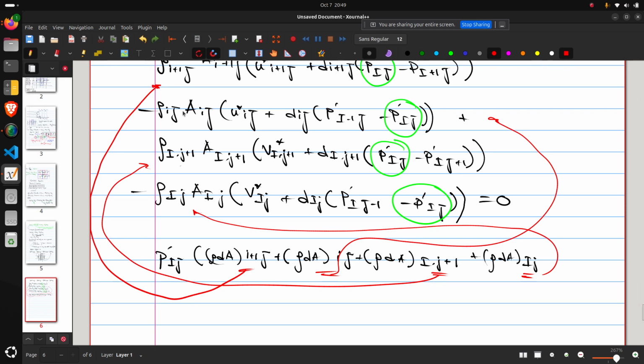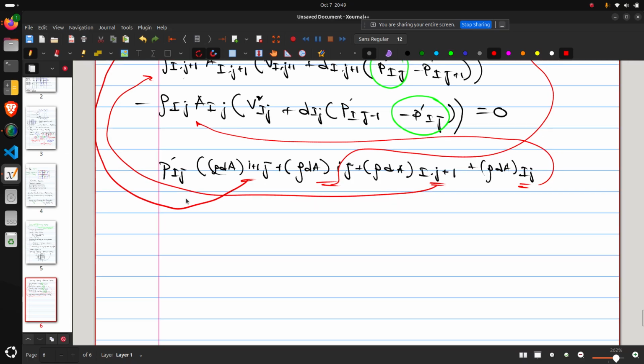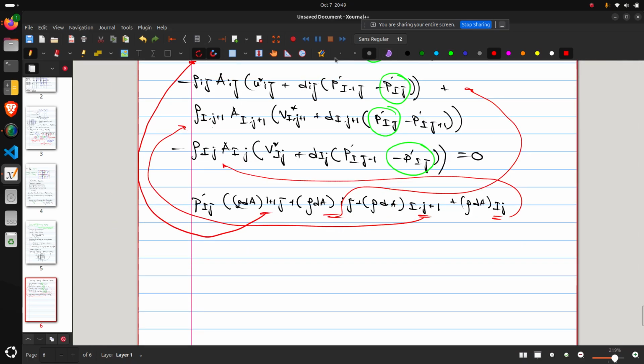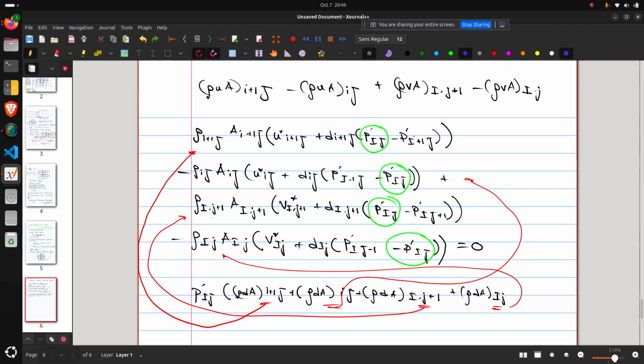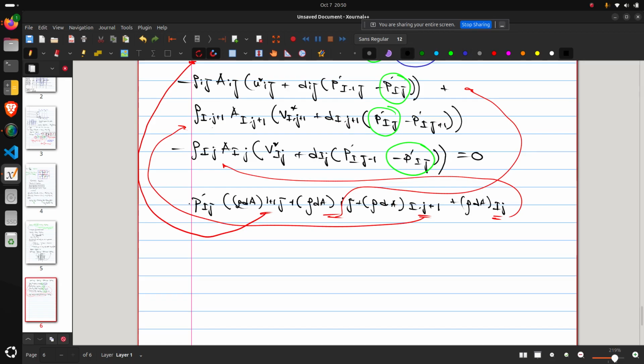Okay, so we now have P prime capital I, capital J, and we can also club all the other terms together. So here we have, say, P at capital I plus 1, capital J. This will also have these coefficients. Let me just write them down. You can just verify it yourself once.